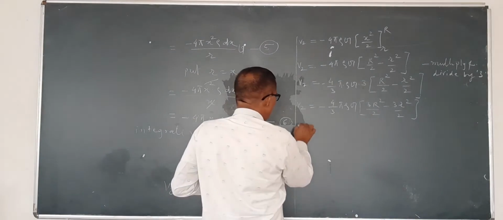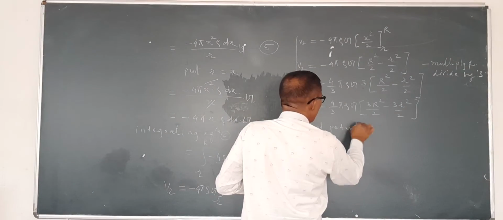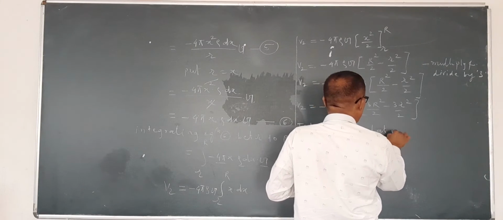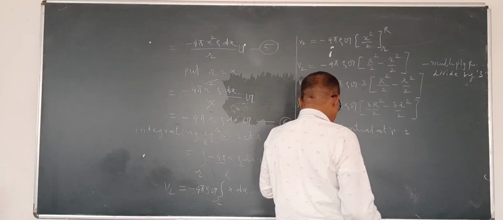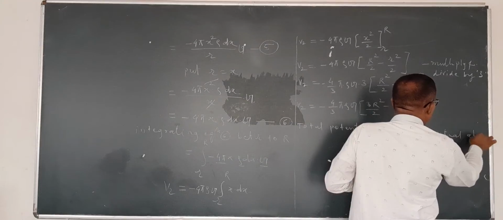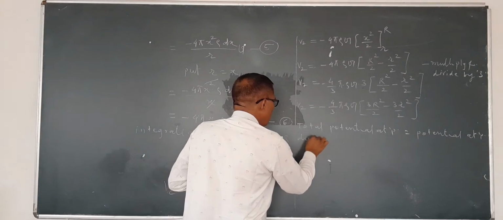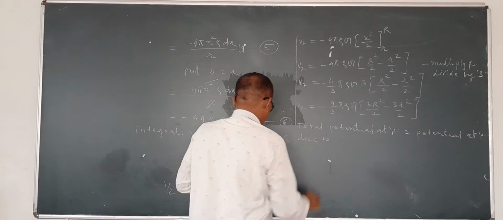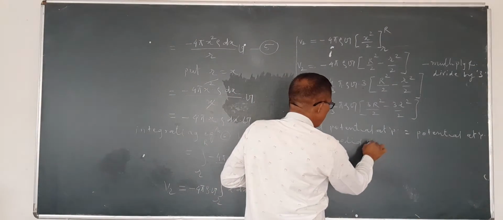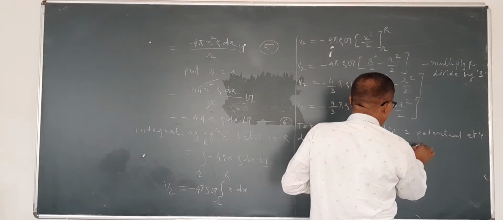Therefore we can write: total potential equals potential at P due to solid sphere of radius r.